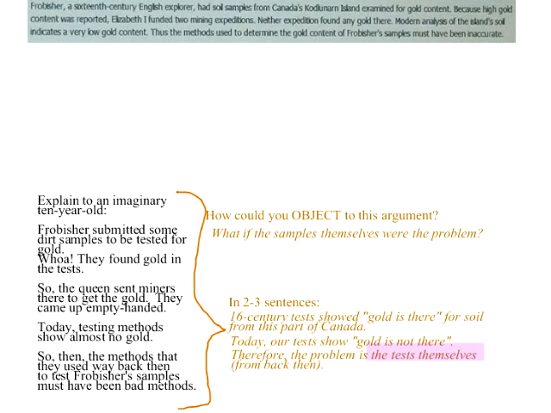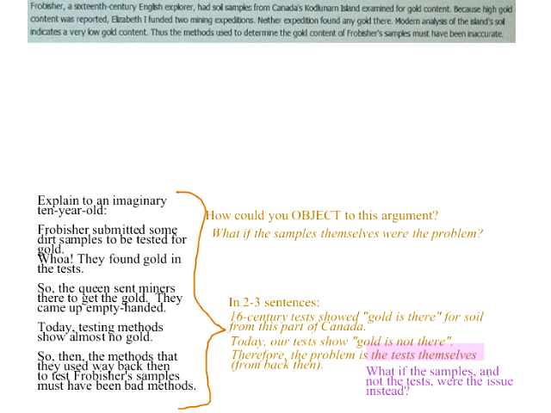Like, what if the problem was something else? What if the problem wasn't the tests as much as it was the samples? What if the samples and not the tests were the issue instead?